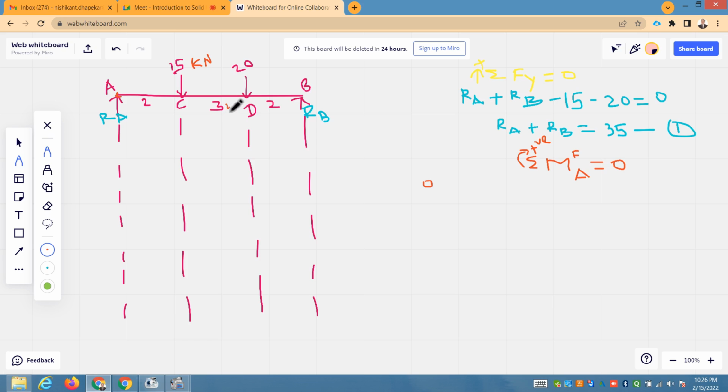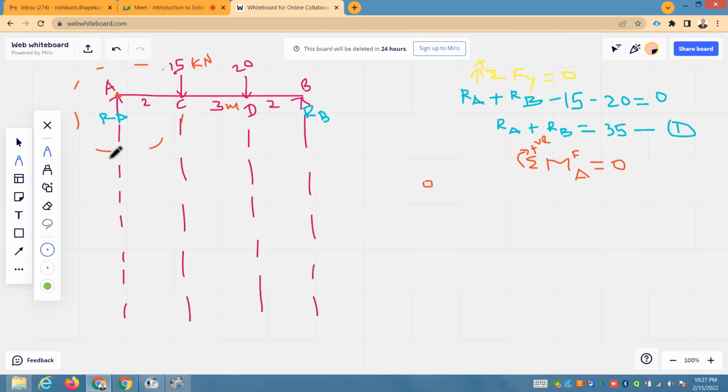So kilonewtons and meters are the units which we are following. Now you move your pen in the direction of the force about point A, because you want to determine the moment about point A.